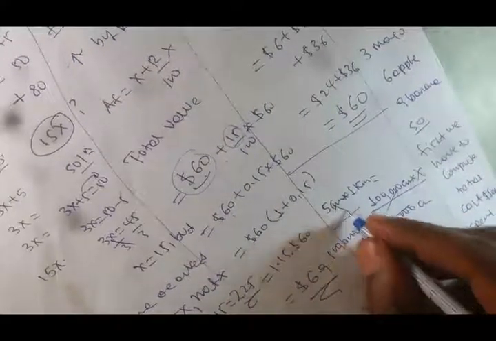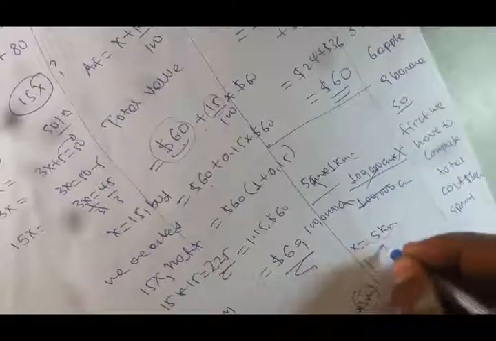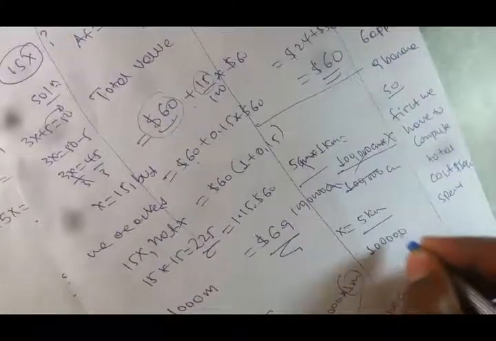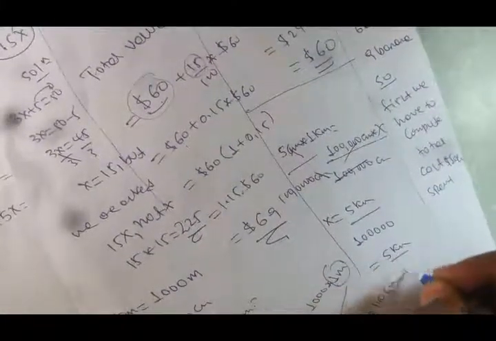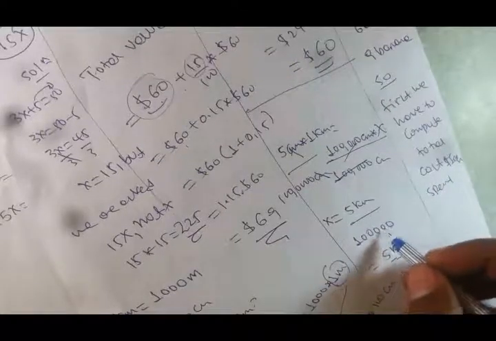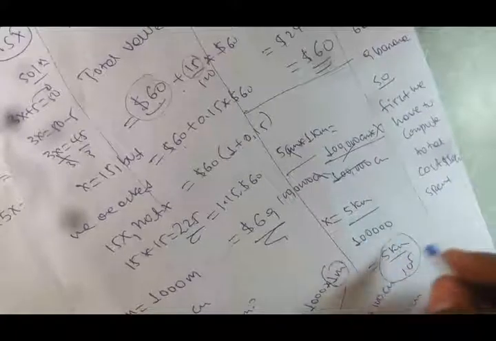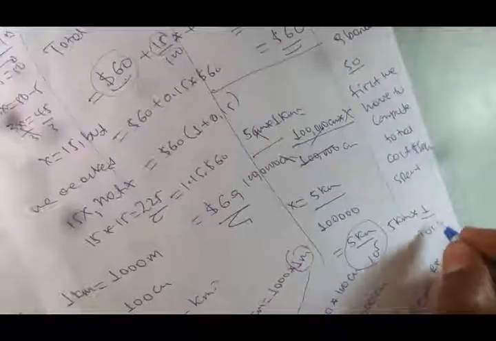Centimeter will be cancelled by centimeter. Therefore X is equal to 5 kilometers divided by 100,000. This is equal to 5 kilometers over 10 raised to how many zeros? 1, 2, 3, 4, 5. So 5. This can also be written as 5 kilometers times 1 over 10 raised to 5.